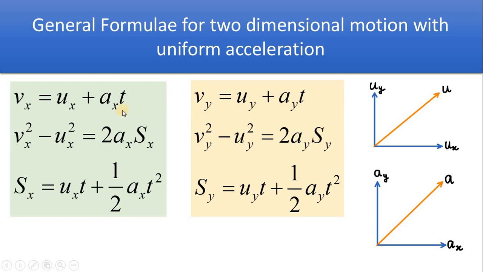It cannot happen that acceleration acts along x direction and the velocity changes along the y direction. That is not possible. So motions along x direction and y direction are completely independent of each other. That is why we have three equations separately for x components and three equations of motion for y components. So these are the 6 equations that we are going to use to derive all the formulae for projectile motion, because projectile motion is a two-dimensional motion.